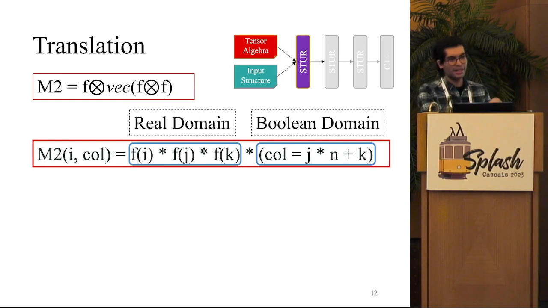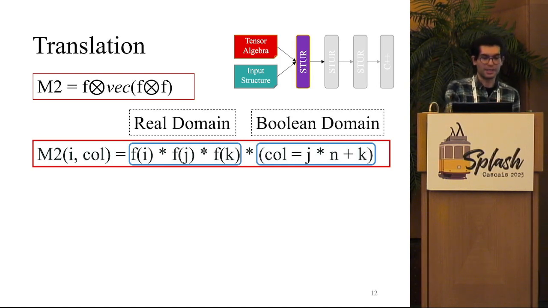So here, the self-outer product, which is the actual arithmetic computation of this tensor algebra computation, is going to be separated inside STUR from the Boolean domain, and it's going to be used in the code generation. So basically, we write it in this way.